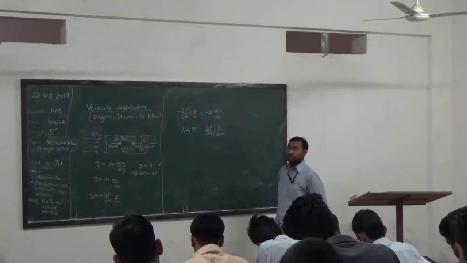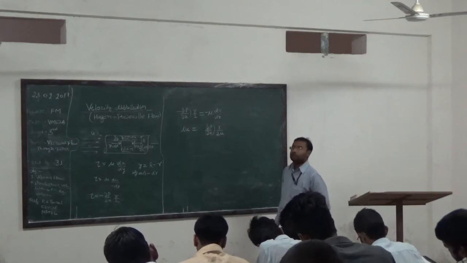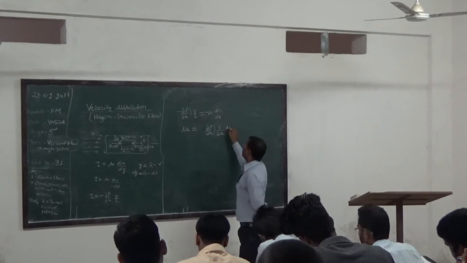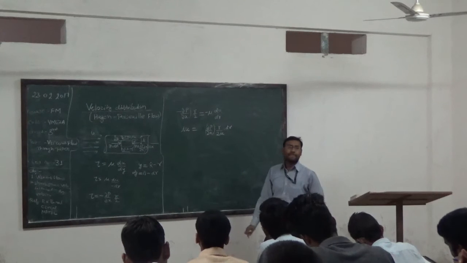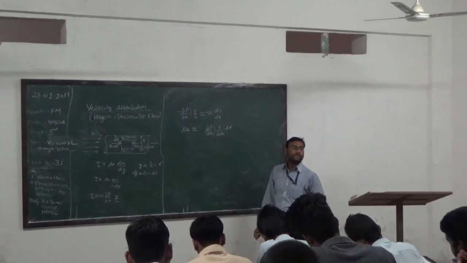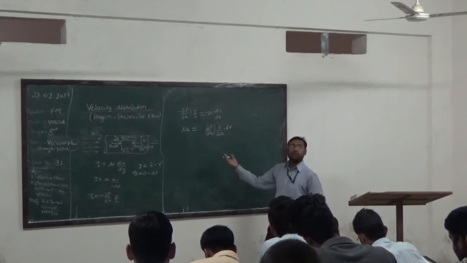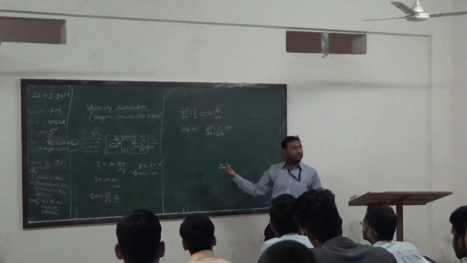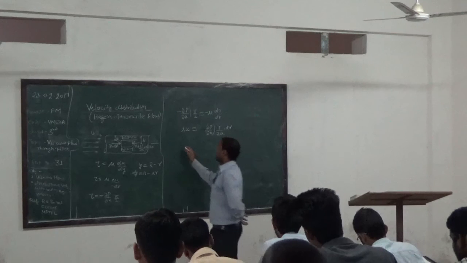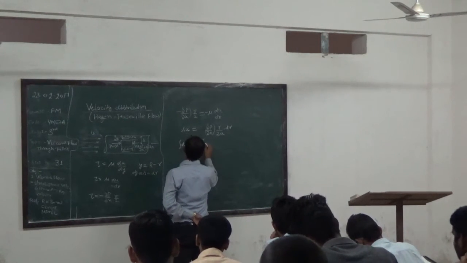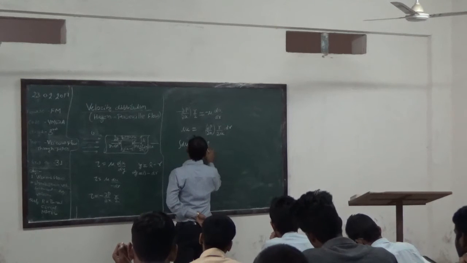So du is equal to del p by del x into r by 2 mu into dr. Now I want to calculate the velocity, so I integrate this equation.